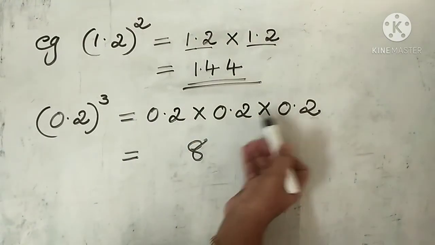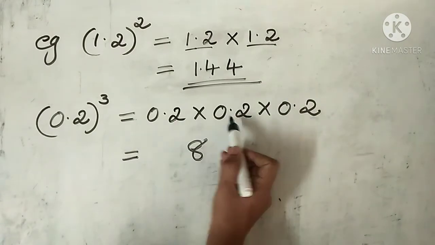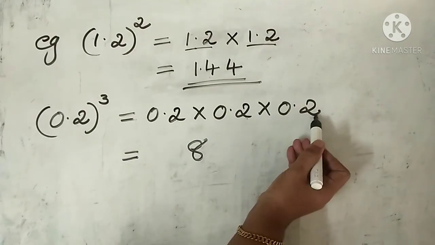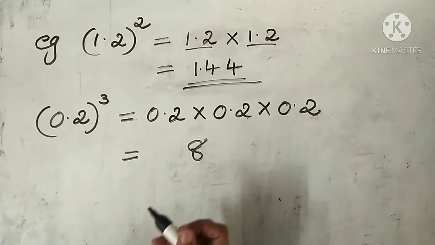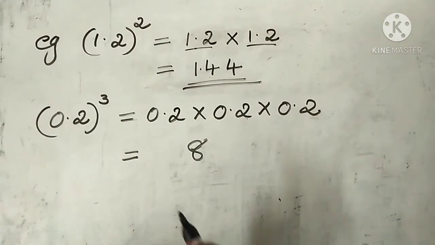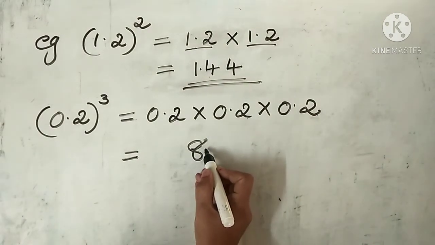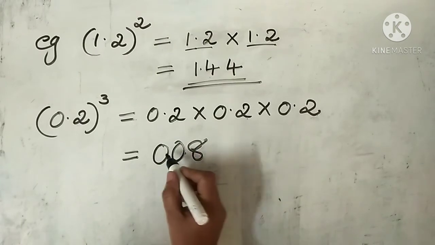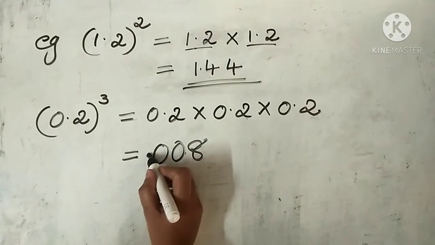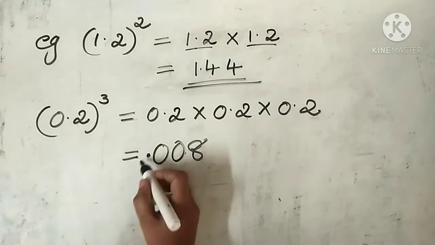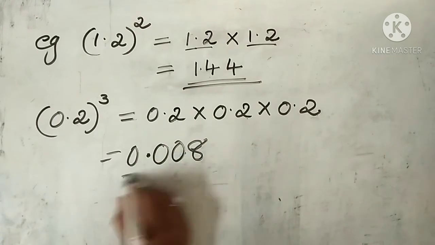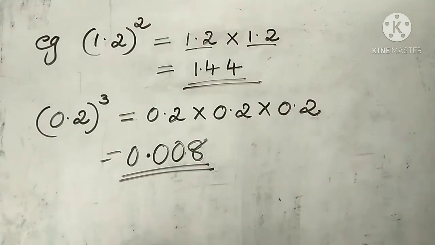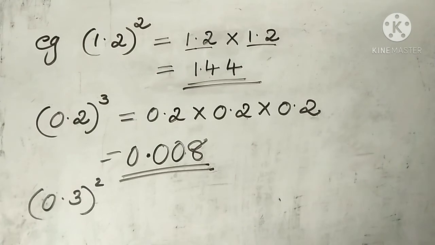Here one number, here one number and here also one number. So altogether 3 numbers are there after the decimal point. So count from here 1, 2, 3. So the decimal point will come here. Answer is 0.008.